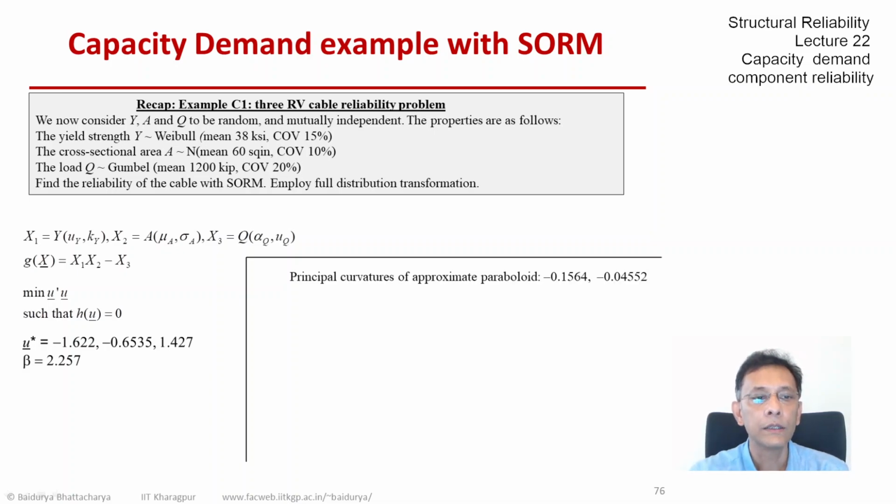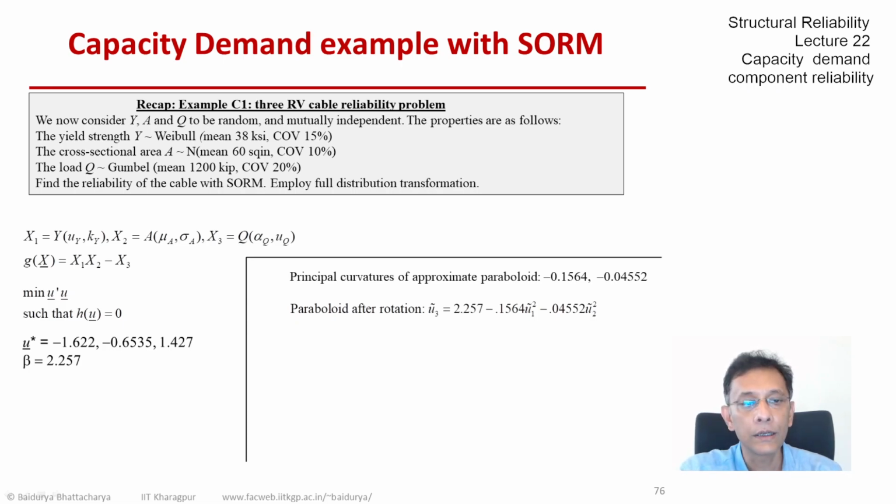So the principal curvatures of this approximate paraboloid in the remaining two coordinates are, as you see, negative 0.1564 and negative 0.04552. And how does our parabola look like?